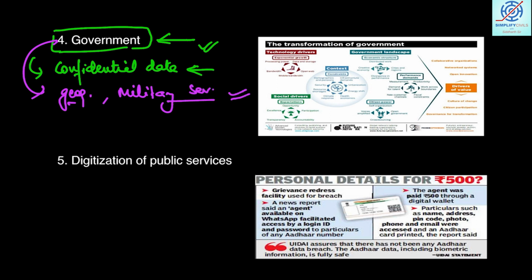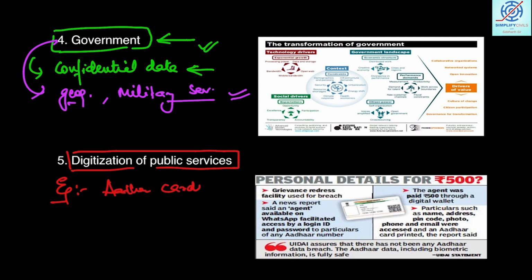In addition, the government is digitizing public services, and one such example is Aadhaar cards that are being linked to all kinds of public services. In addition, land records are being digitized.